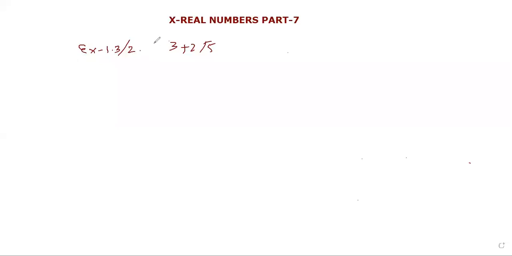Question number 2, exercise 1.3. 3 plus 2 root 5 is irrational. This we have to prove. In the same way, by the same procedure, let 3 plus 2 root 5 be a rational number.